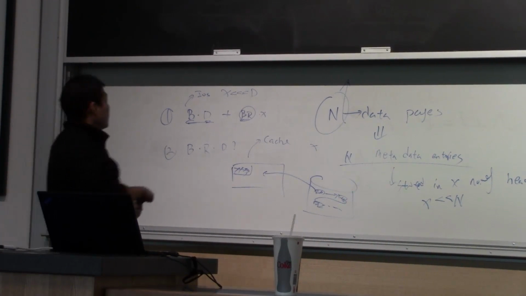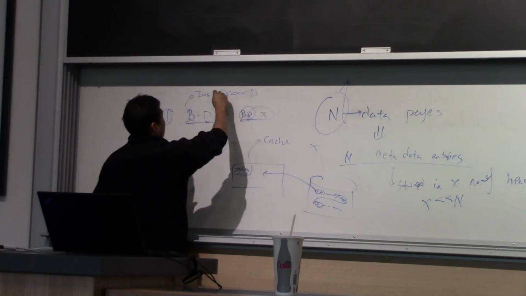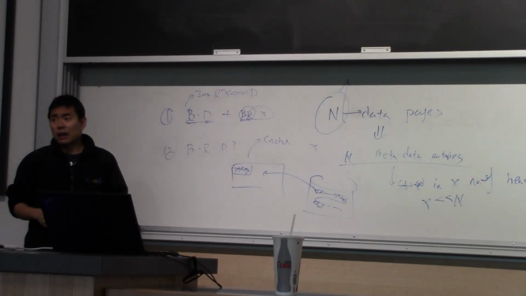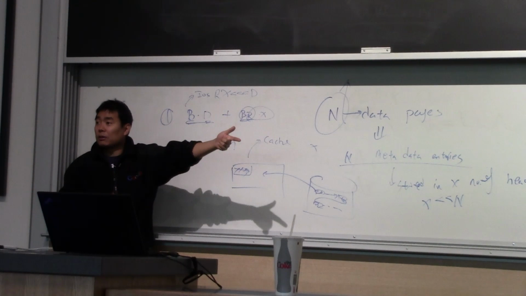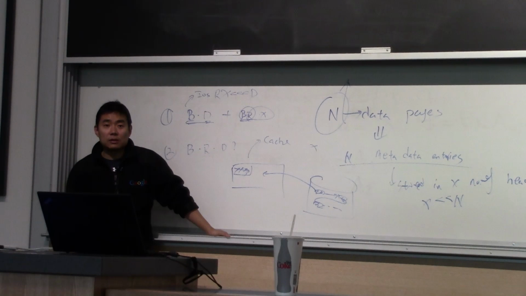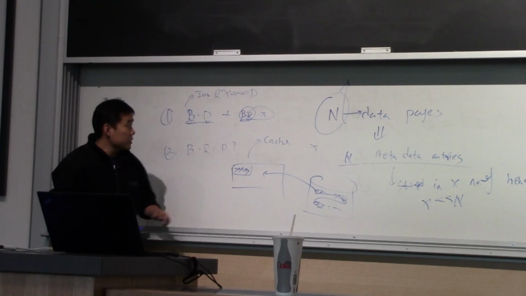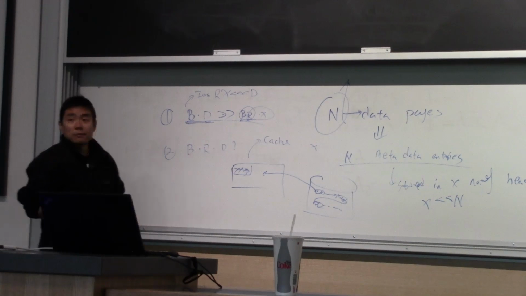Of course, you can argue there is a factor of R. So what about R times X compared to D? I can tell you this is still much less than D, as you can tell from my experiment. Once things are in the buffer, it's super fast. Which means the first term dominates the second term.